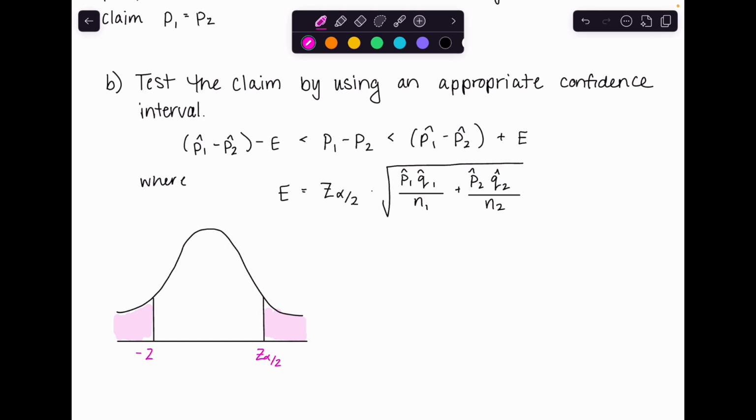And then from the symmetry, this is the same one, but negative. And our actual area that we want these two to be is 0.05. So that means the area in each tail is that divided by 2. So it should be 2.5%. So this area should be 2.5%, and this area should be 2.5%.